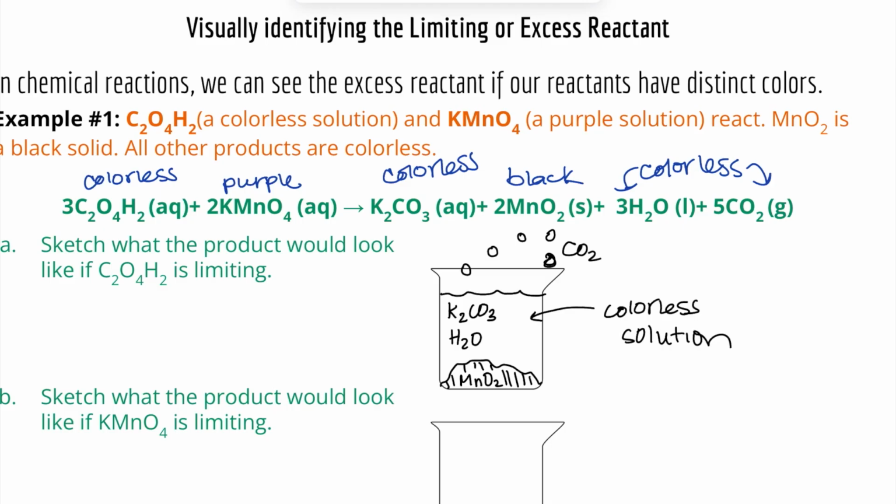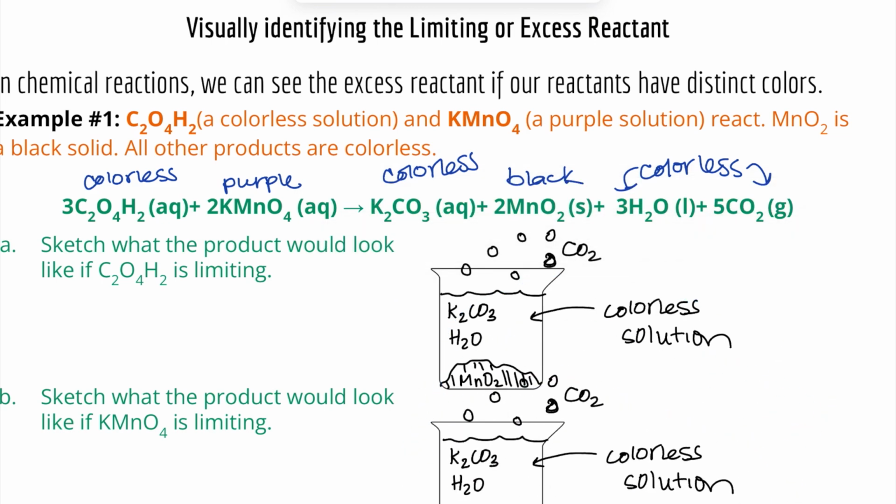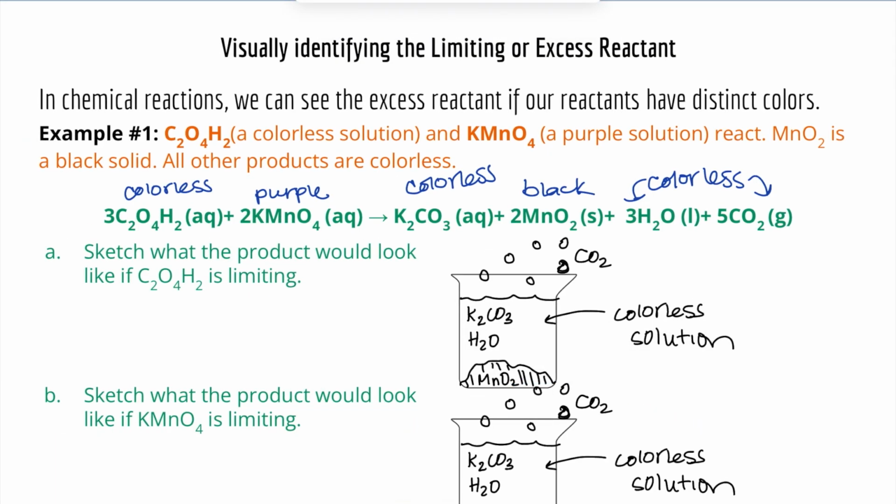So if everything gets used up, this is what we should end up seeing after our reaction. But we know that we are going to have something that is limiting, and so that is going to change what this might look like. But if everything gets used up, these should look the same. We should see a black solid, and then colorless liquid and colorless gas.